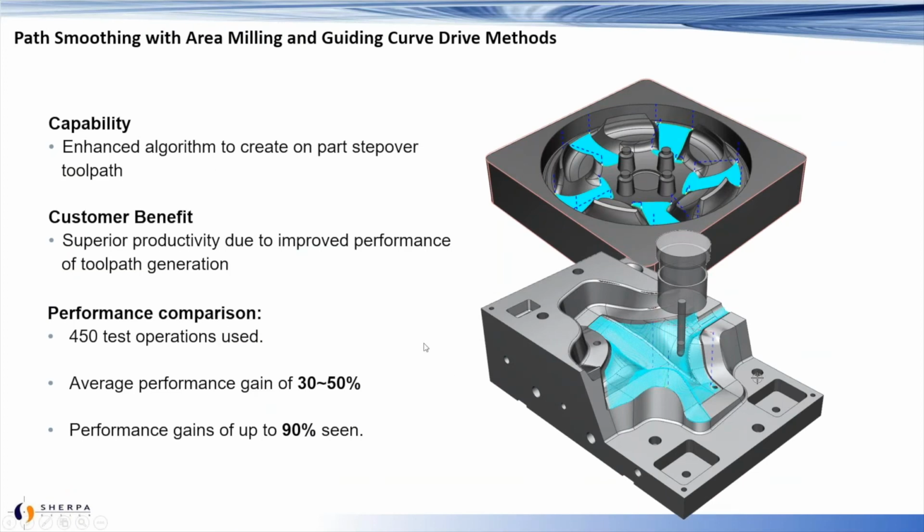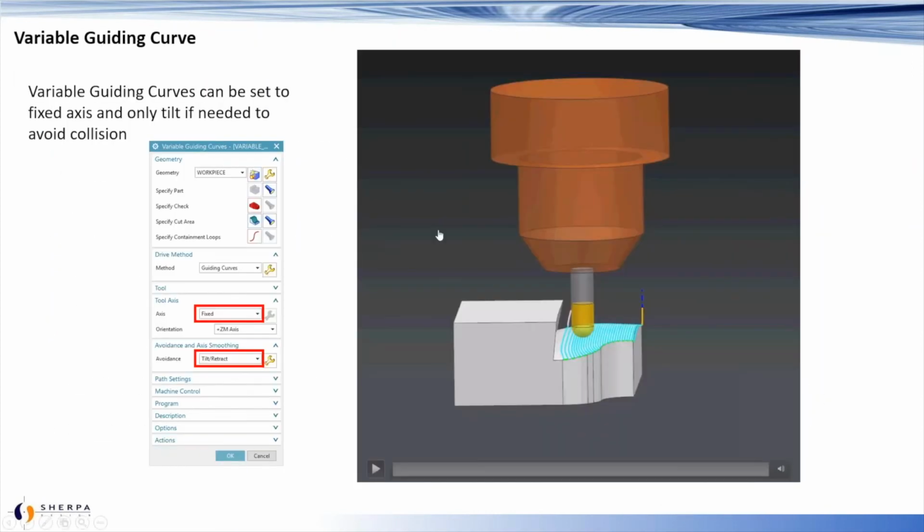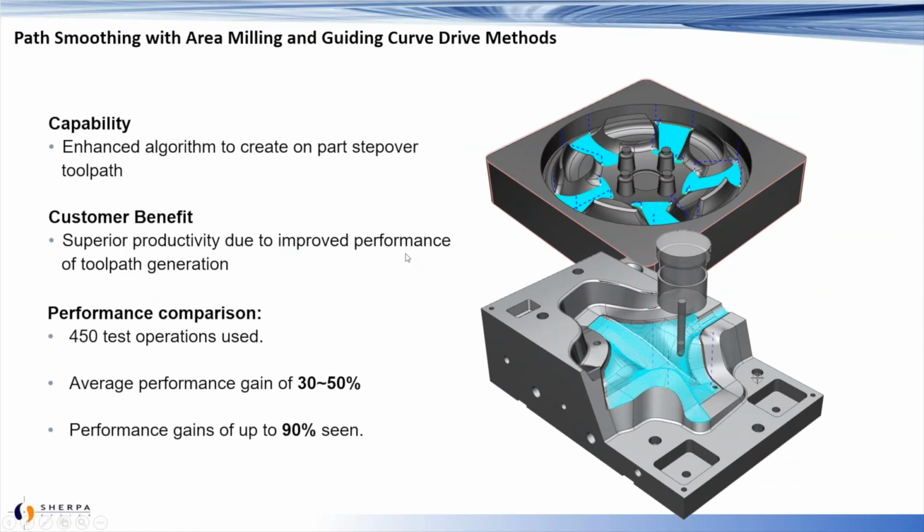One thing they also did with both the area milling and the guide curve drive methods is they added path smoothing. You don't really see it on this part, but when it makes a vector change, if it's going one direction, it's got to change.